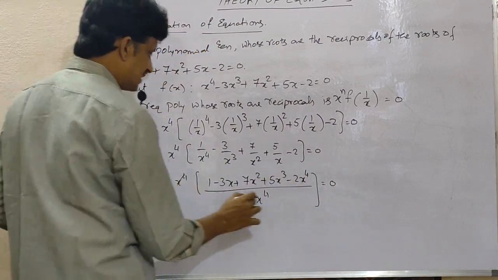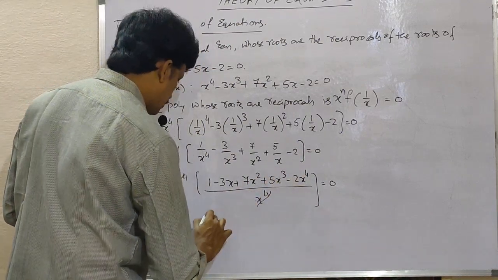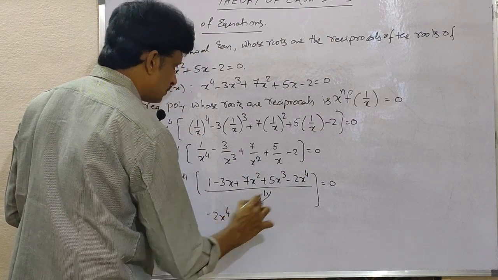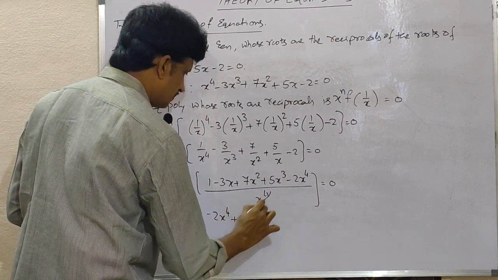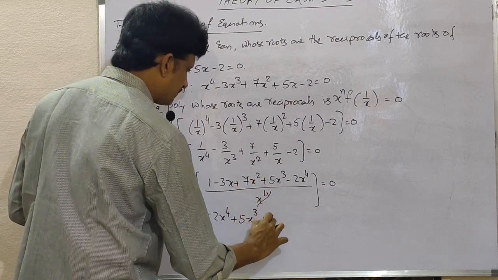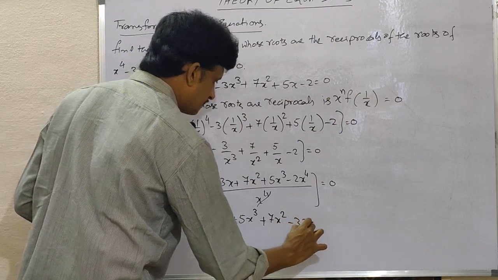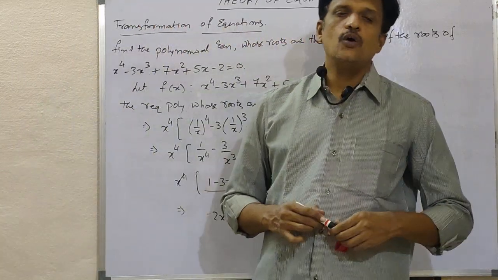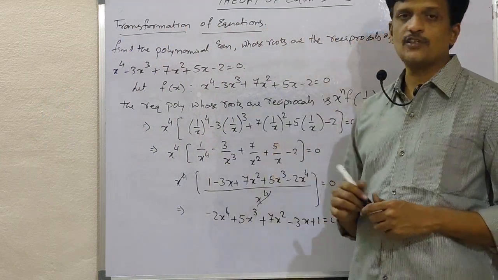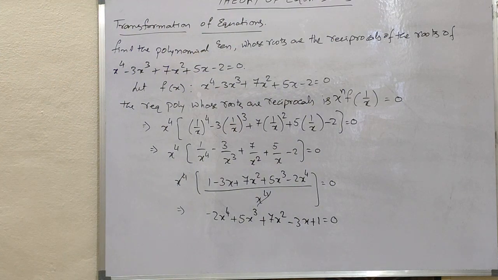Now these two get cancelled. Then you are getting the required polynomial, that is minus 2x power 4 plus 5x cube plus 7x square minus 3x plus 1 equal to 0, which is the required polynomial whose roots are the reciprocals of the roots of the given equation. Like this you can write the required equation without finding the roots.